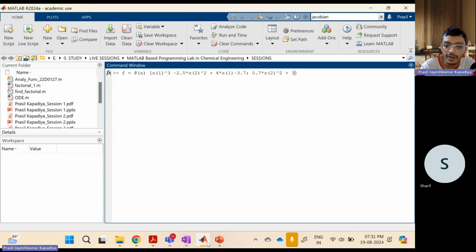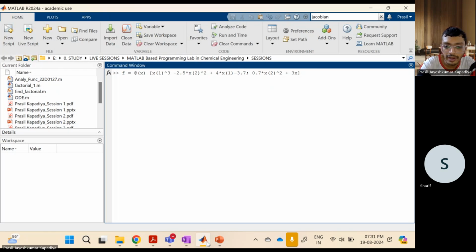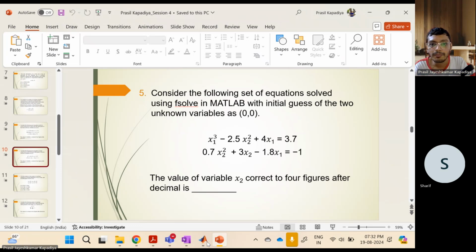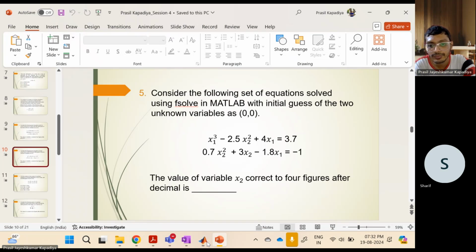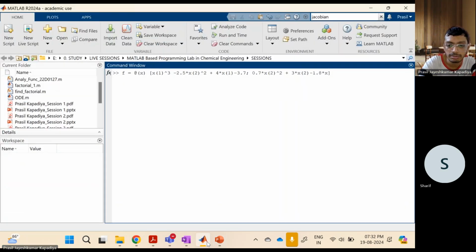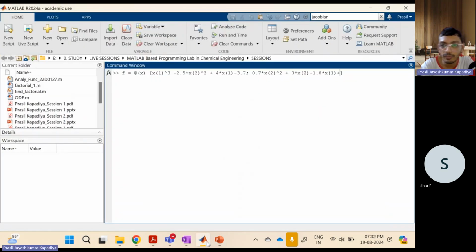Be really careful while typing equation. 3 into x2, x of 2, x of 2 minus 1.8 into x of 1 plus 1.